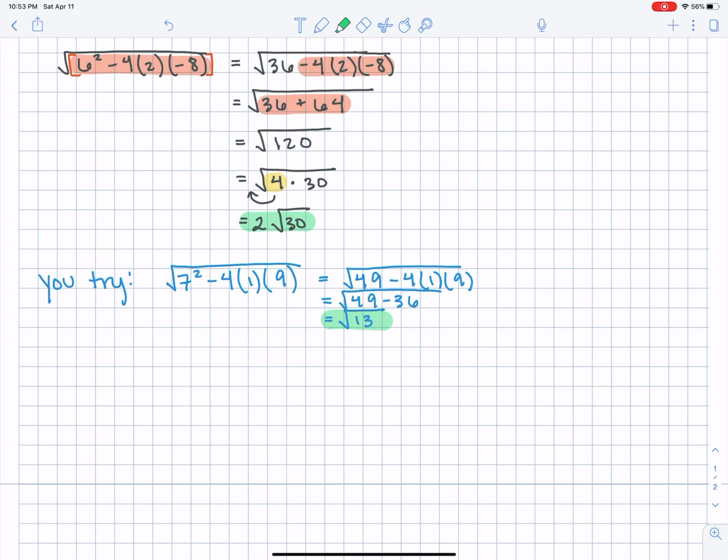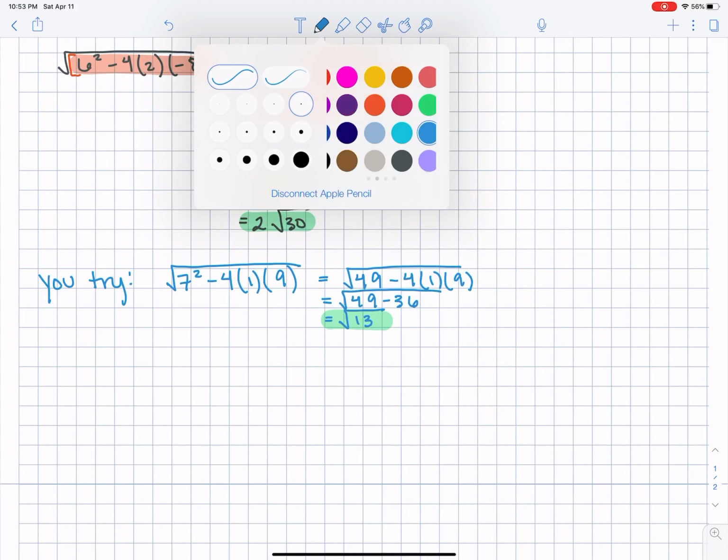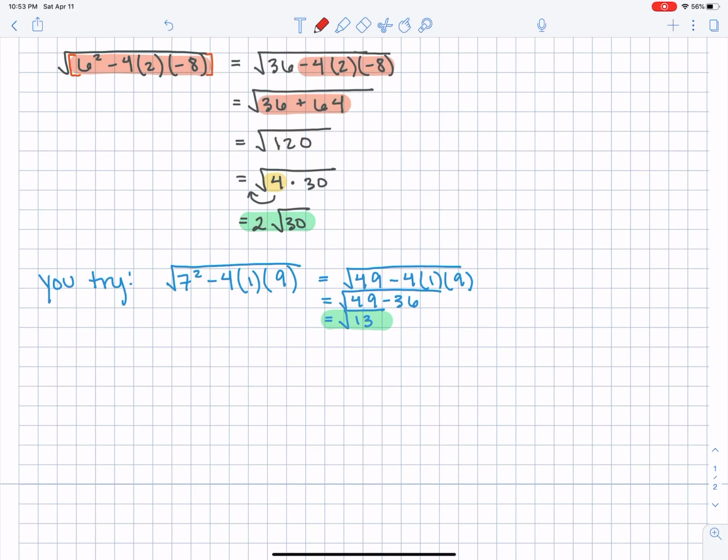Final answer. Now I want you to go ahead, I want you to make a special note here. I'm going to do this in red. Note this, you cannot take the square root of a negative number.